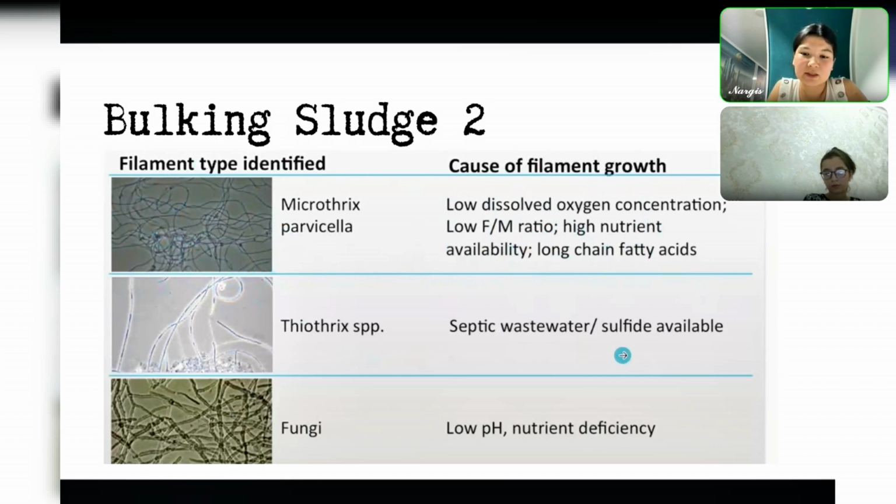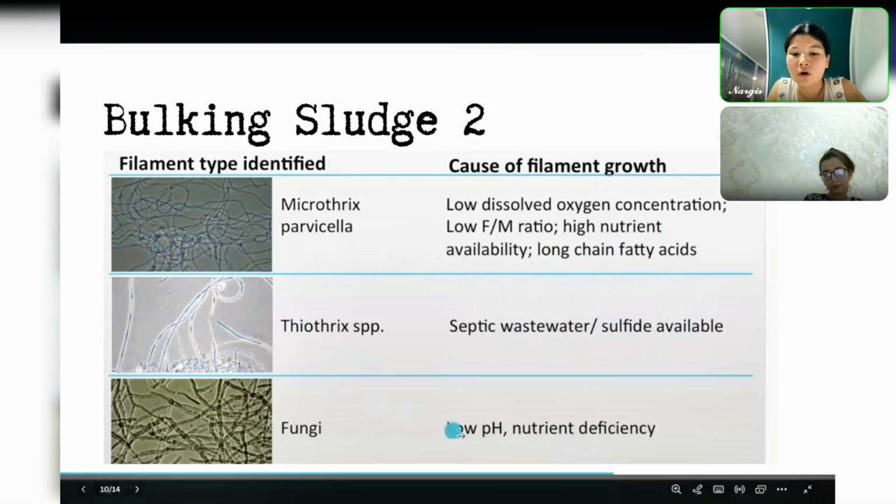And at times, if your wastewater has a lot of sulfate inside, this kind of bacteria might grow. Or if your wastewater will have low pH, or there will be a nutrient deficiency, you might have some fungi that is growing, right? So usually when it happens, it doesn't happen always.